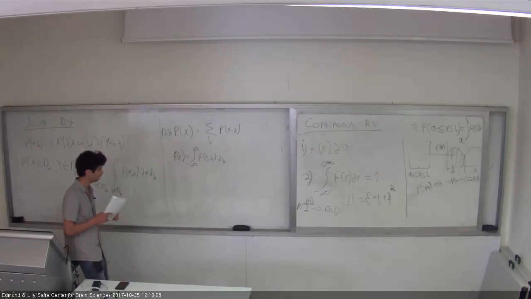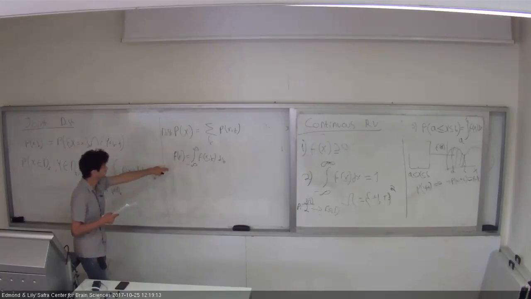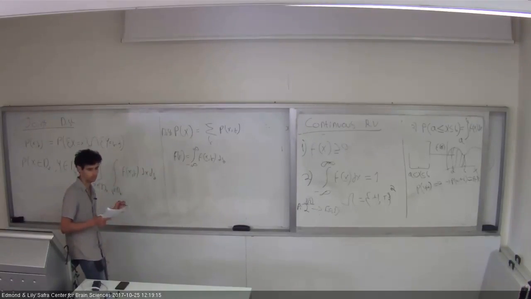It's important to notice that f of x, f of y, and f of x y are totally different functions. All of them are probability functions, but they are totally different. There is a connection between them, but they are not the same function.